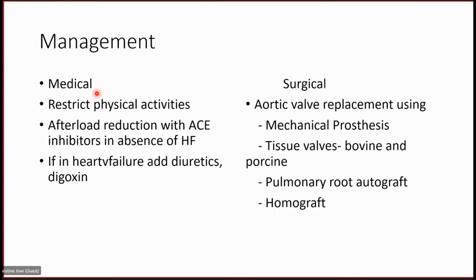Don't give ACE inhibitors in mitral stenosis, you'll kill the patient. But in aortic regurgitation, the physiology is such that you can open the peripheries for blood to flow, after load reduction. We add digoxin to reduce the heart rate and diuretics to reduce the fluid which can't be pumped back.